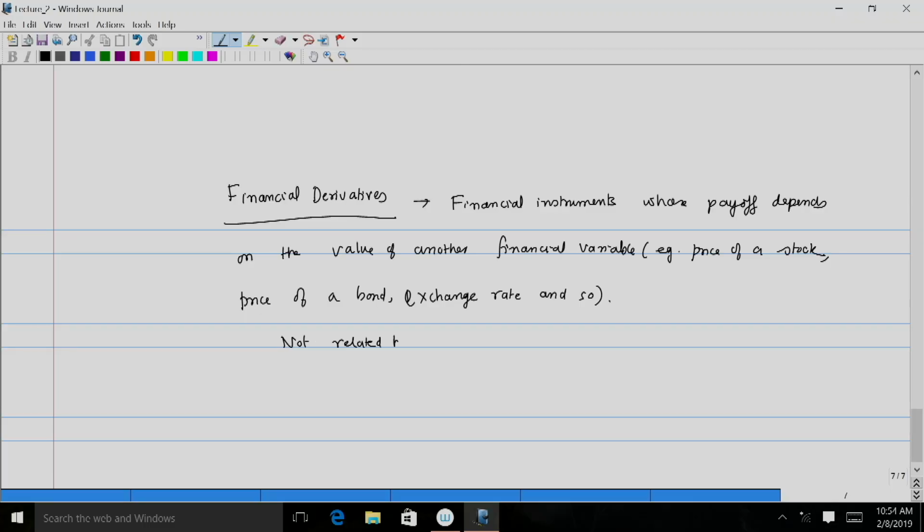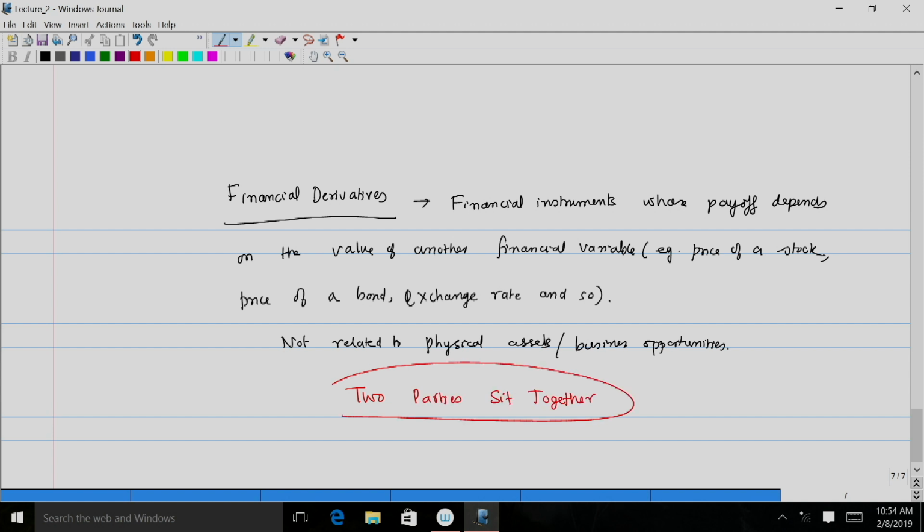We next move on to a little bit of discussion on financial derivatives. So, derivatives are typically not related to physical assets and or business opportunities. And what exactly is a financial derivative is that you have two parties sit together to chalk out the terms and conditions of the financial derivative.